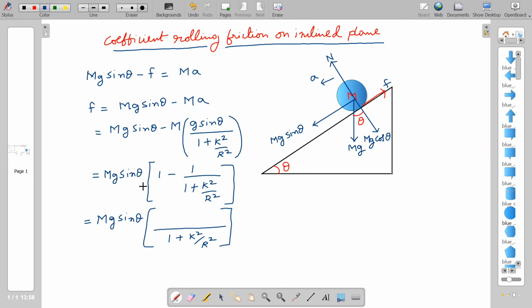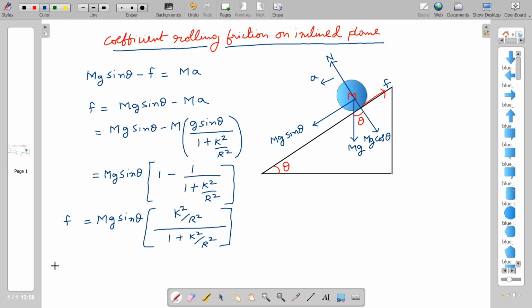In the numerator, plus 1 minus 1 will be cancelled. If we do simplification, then we will get k square by r square. So we got friction, that is F equal to mg sin theta bracket of k square by r square by 1 plus k square by r square.